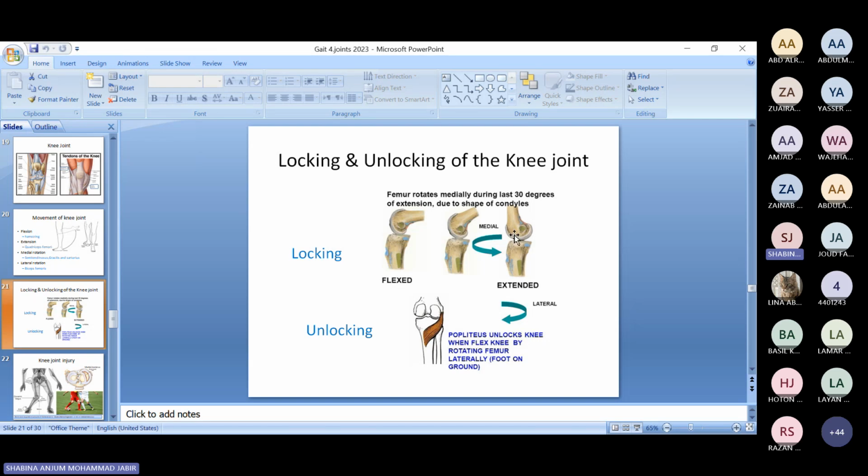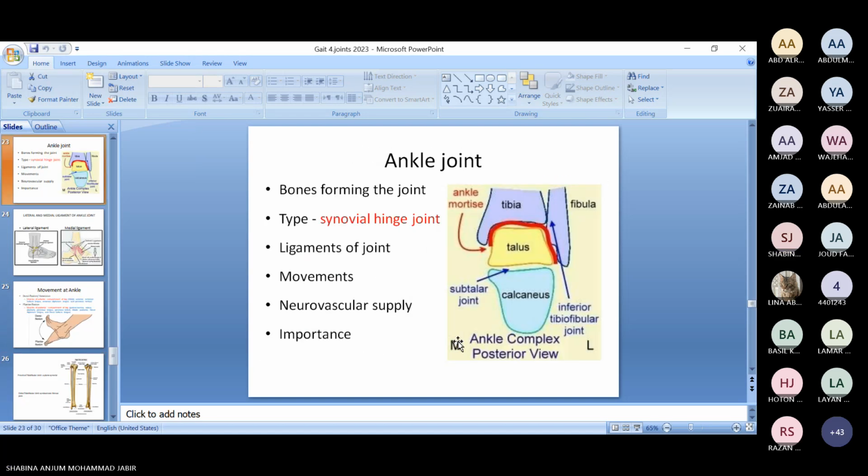Now the tibia is completely over the femur and the femur is completely over the tibia. You are locked. Now if you want to unlock, obviously you have to do lateral rotation in the opposite direction. Which muscle will do this opposite movement? It is popliteus. So don't worry, inshallah, we will see this again in the lab.